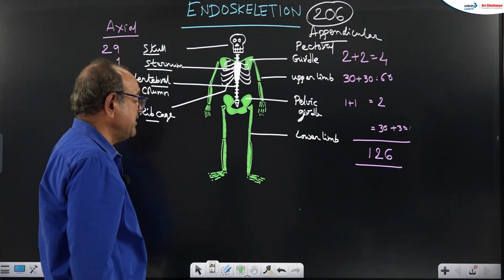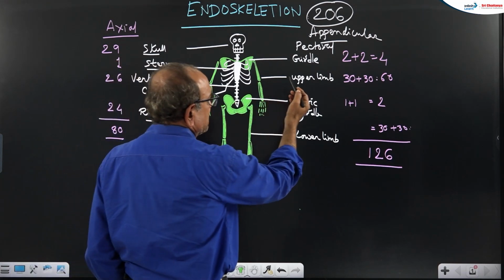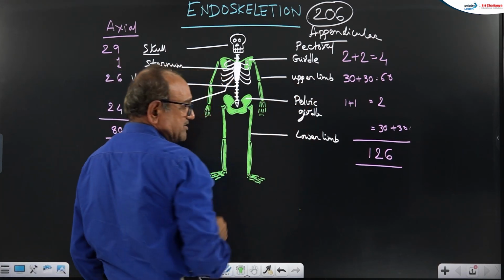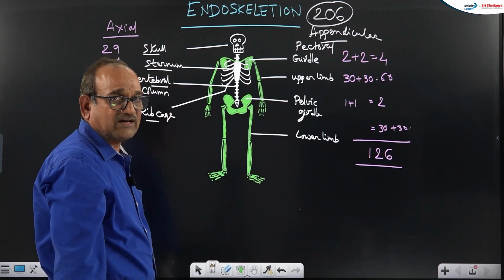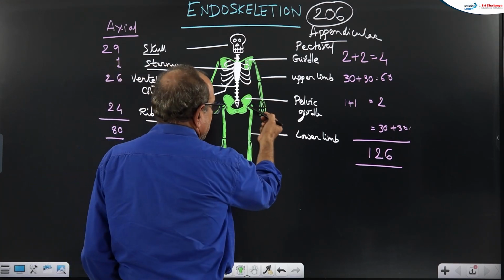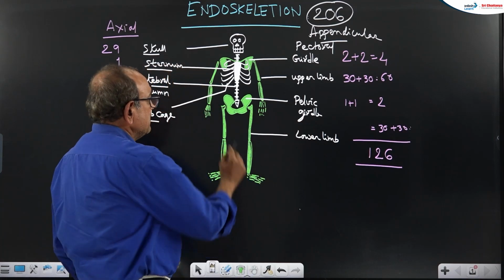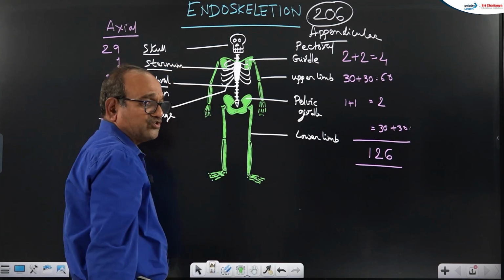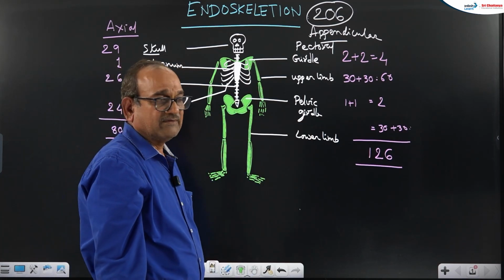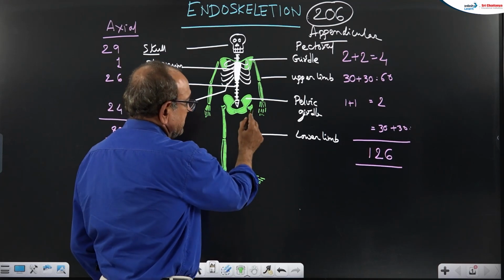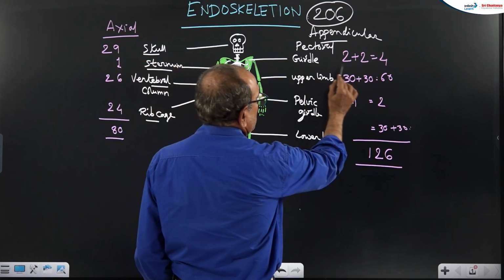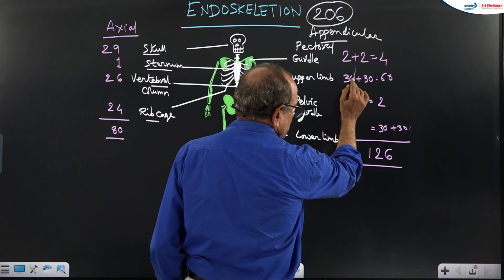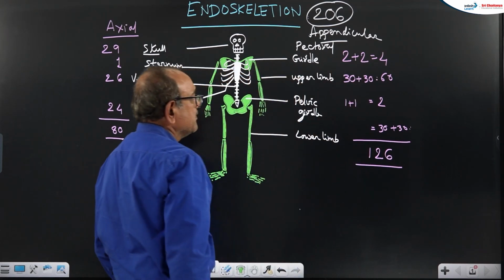Then come to the appendicular skeleton, which comprises two girdles. One is the chest girdle, the pectoral girdle. The second one is the hip girdle, the pelvic girdle. The upper limb bones are attached to the pectoral girdle, whereas the lower limb skeleton is attached to the pelvic girdle. Each pectoral girdle contains 2 plus 2, 4 bones.